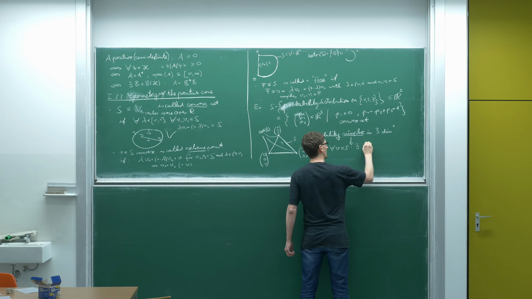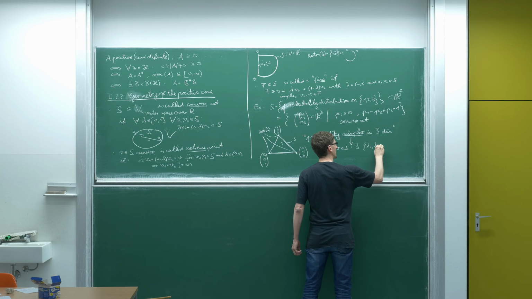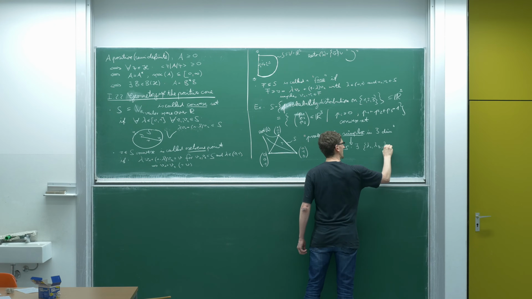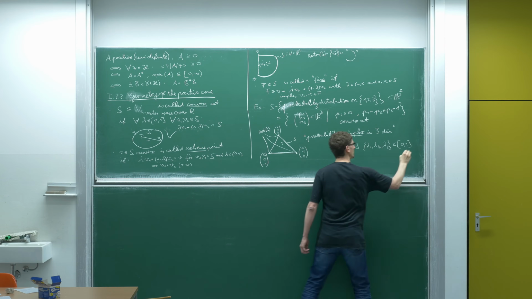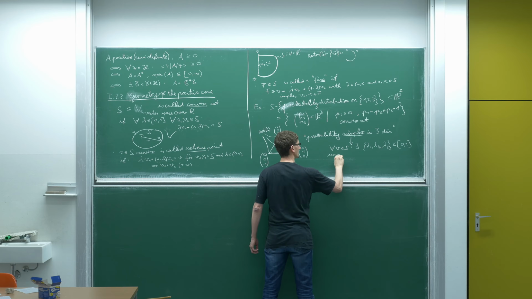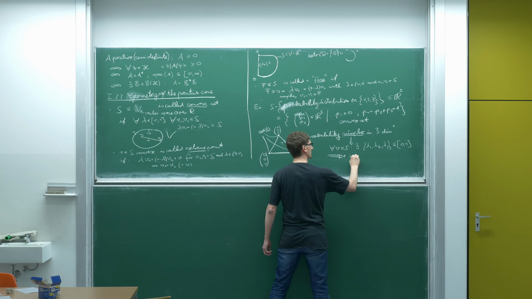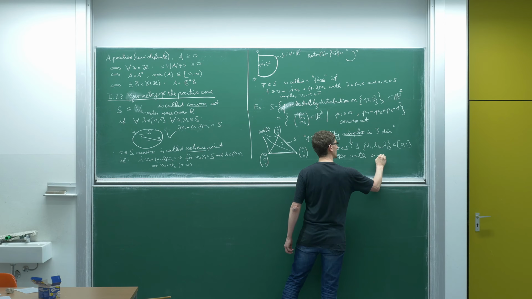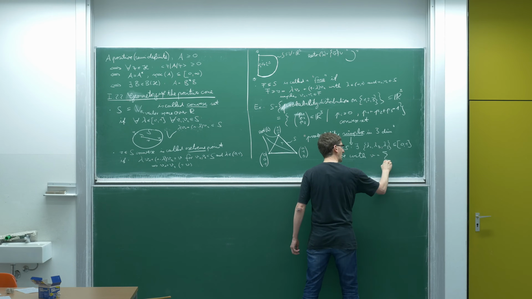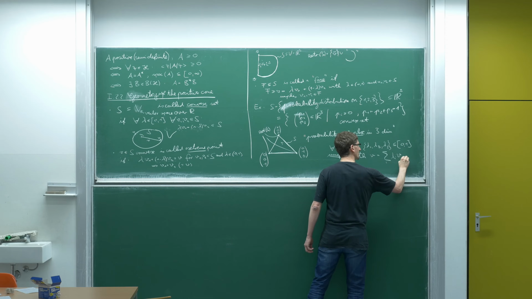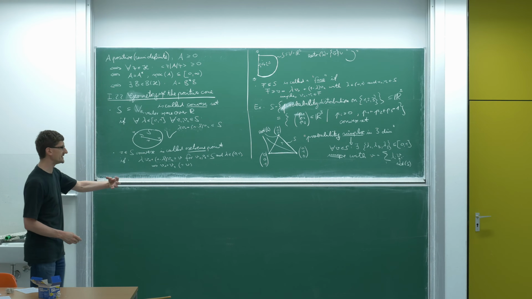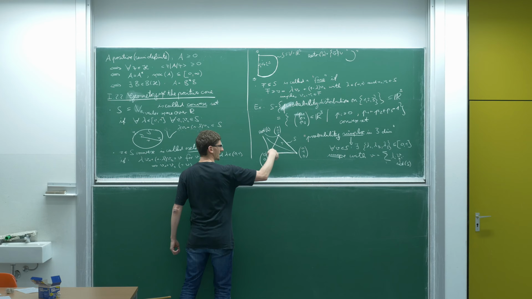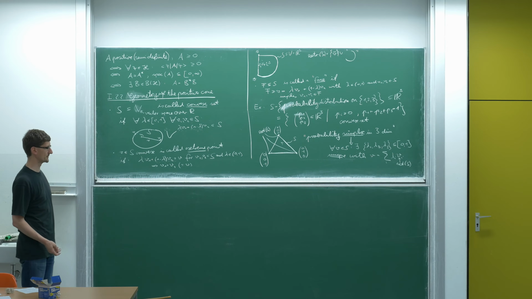There exist unique lambda 1, lambda 2, lambda 3 with V equals the sum over i of lambda i Vi, where these are extreme points. So for a simplex, every point can only be uniquely decomposed into a convex decomposition of extreme points.